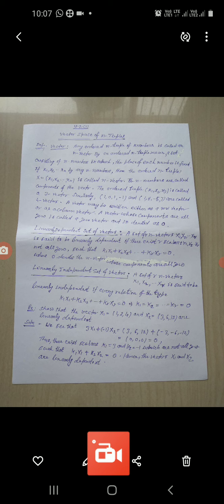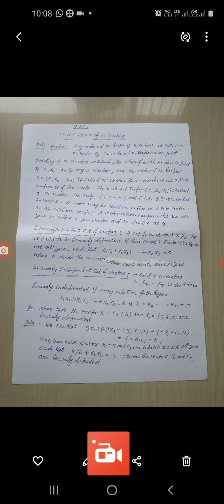Means in case of a linearly independent set of vectors, all constants will be equal to 0, while in the case of a linearly dependent set of vectors, all constants will not be 0, but some constants may be 0 and some may not be 0. If any constant is not equal to 0, then the set of vectors will be linearly dependent, and if all the constants are equal to 0, then it will be linearly independent.